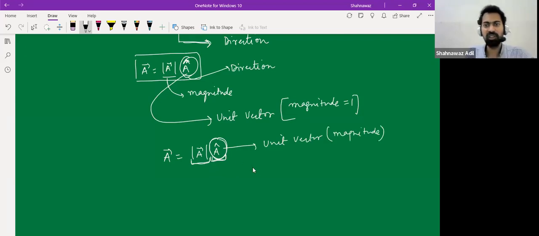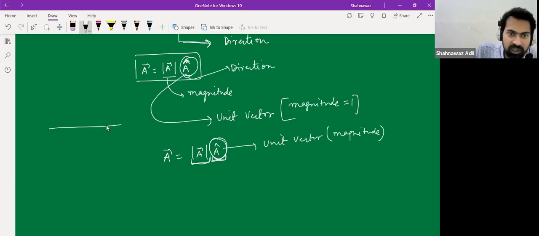When you learned about the universal unit vectors, then you know, right? Let's say that you are moving in the x direction, and you move 1 unit in the x direction. 1 unit meaning the magnitude is how much? 1, right? So this will be called the I hat, in the x direction.